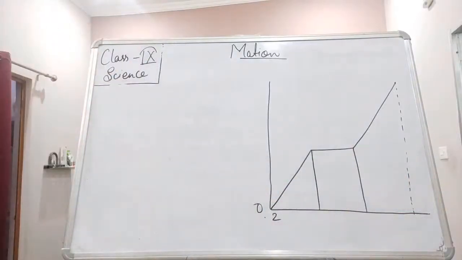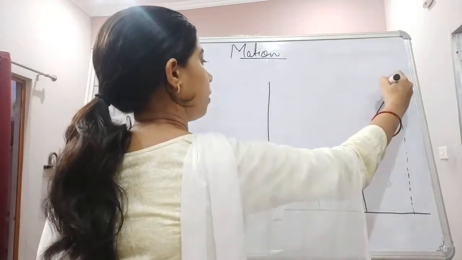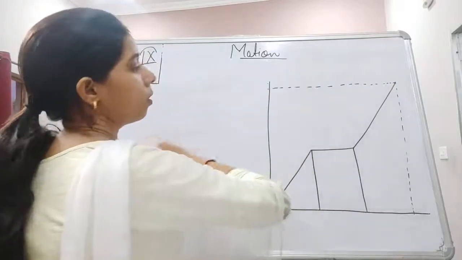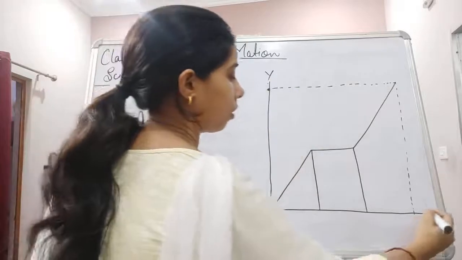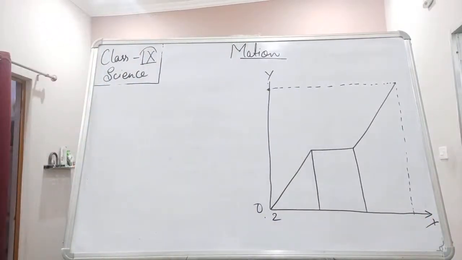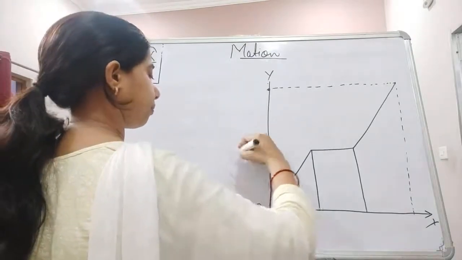Okay, and this is the y-axis, so another line parallel to the y-axis. This is the x-axis. Okay, this is a distance-time graph. This is distance.